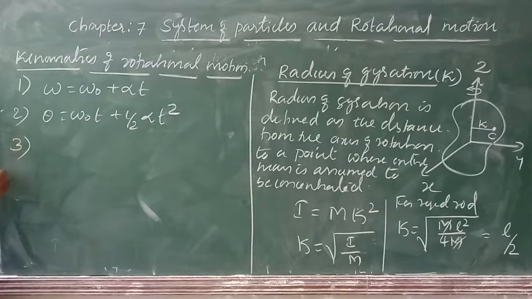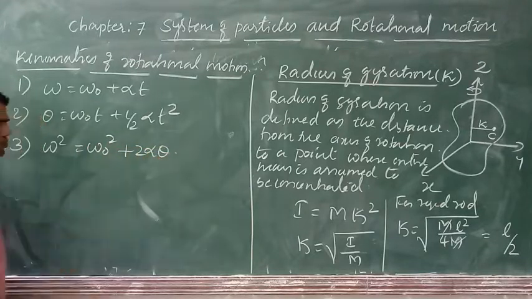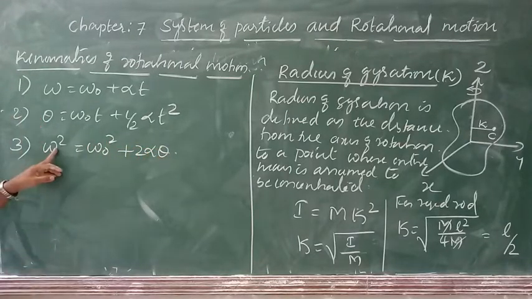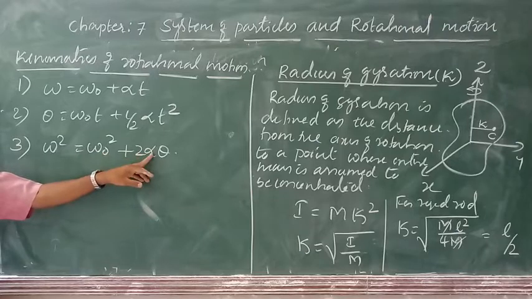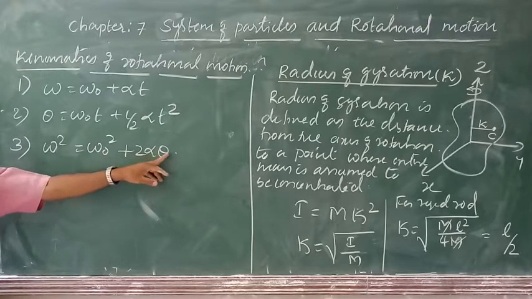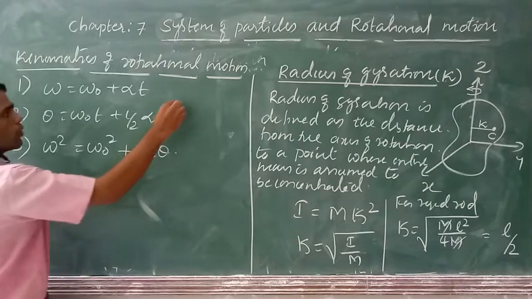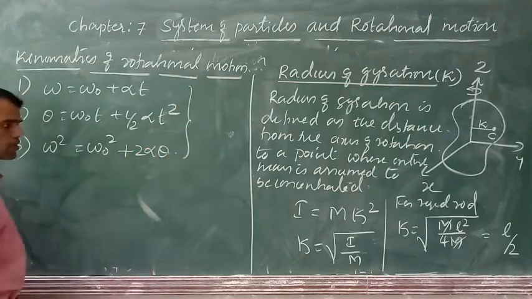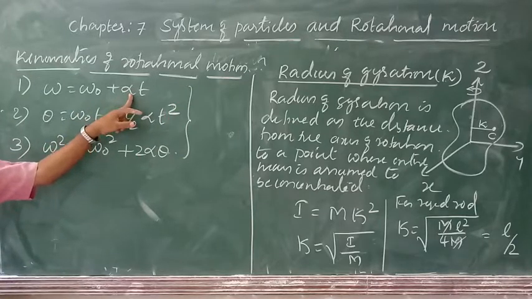And the third is omega square is equal to omega naught square plus 2 alpha theta, where omega is the final angular velocity, omega naught is the initial angular velocity, alpha is the angular acceleration, and theta is the angular displacement. Remember, we are using these three equations keeping in mind that the angular acceleration remains constant.